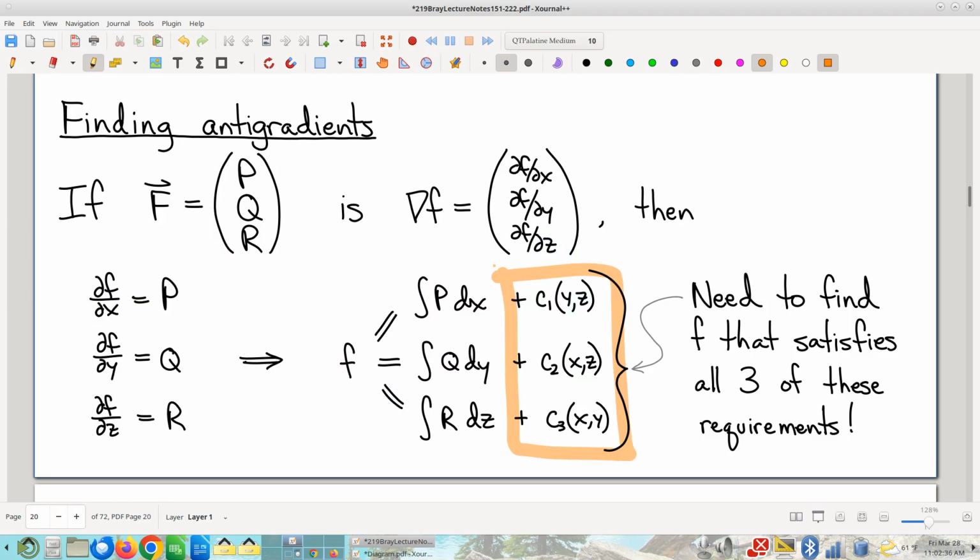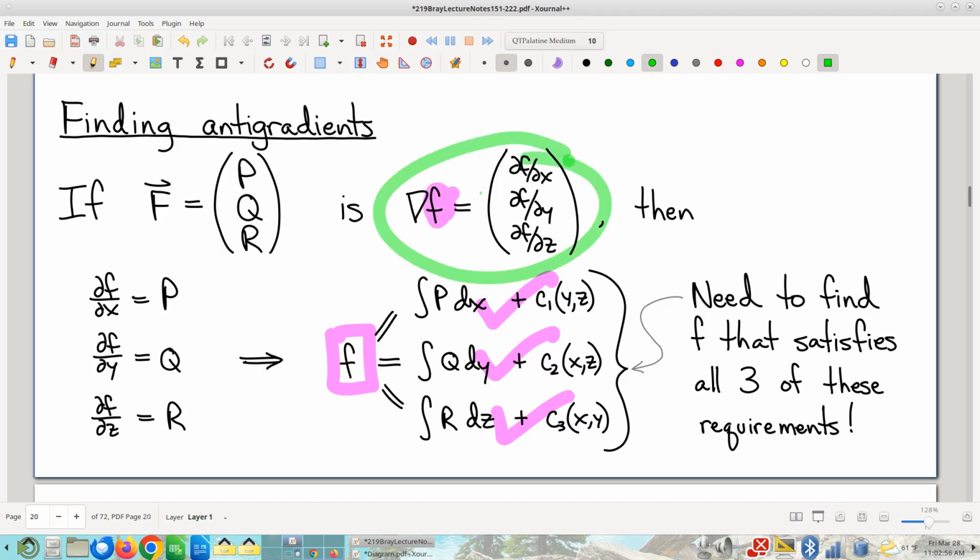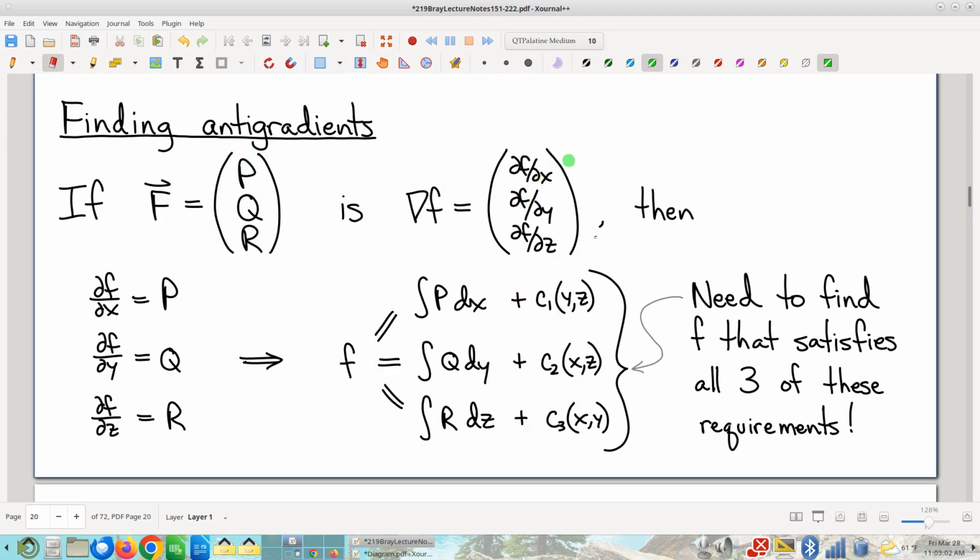So that's the difference compared to single variable. These partial constants don't actually have to be constants. Okay. So if you can find some function that is all three of these things, then that function will have the correct gradient. That's the big idea. So thus begins the game.